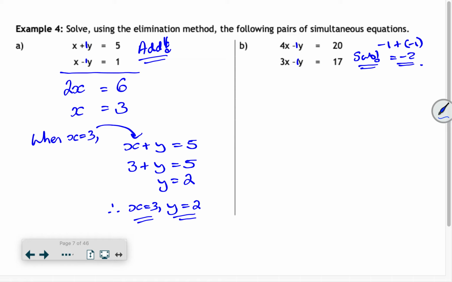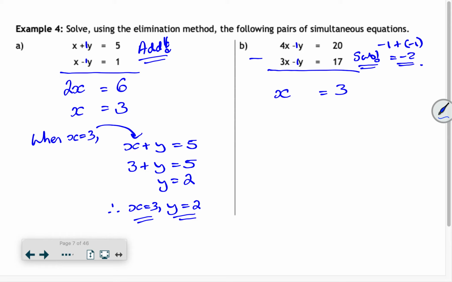So it's going to be 4x take away 3x, treat it like one great big sum. 4x take away 3x gives us x. Minus 1 minus minus 1 cancels out, so it just becomes 0. So therefore 20 take away 17 gives us 3.